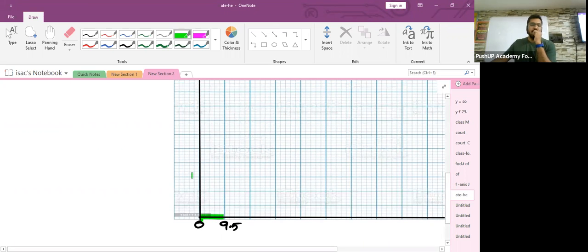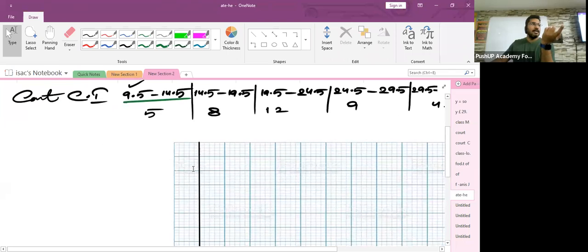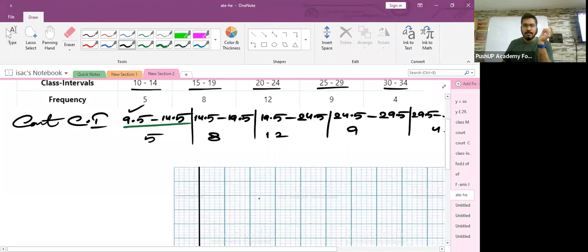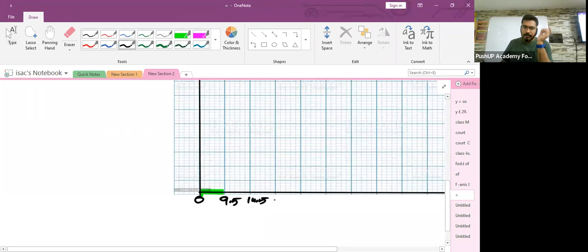Now, the next thing, children. The first class interval where we are actually going to represent the frequencies is what? 9.5 to 14.5. So in the next centimeter or block, I will write 9.5 to 14.5. After that, the next class interval, 14.5 to 19.5, I will write here, 19.5.